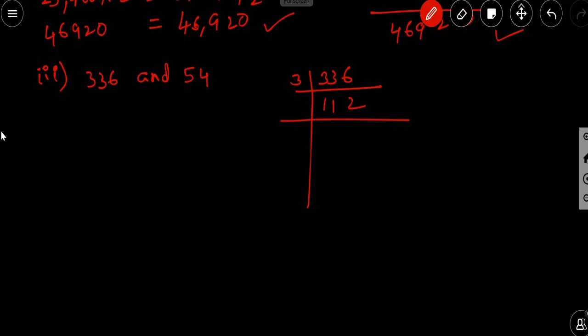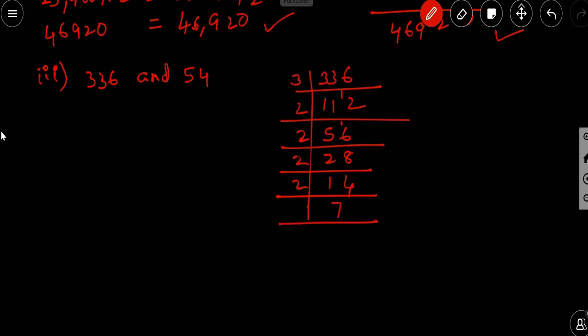Okay, so next it is divisible by 2. So 2 6s are 12. Again it is divisible by 2. So 2 4s are 8. Again it is divisible by 2. 2 2s are 4. Again it is divisible by 2. 2 7s are 14. Now this 7 is a prime number, so it is divisible by itself.